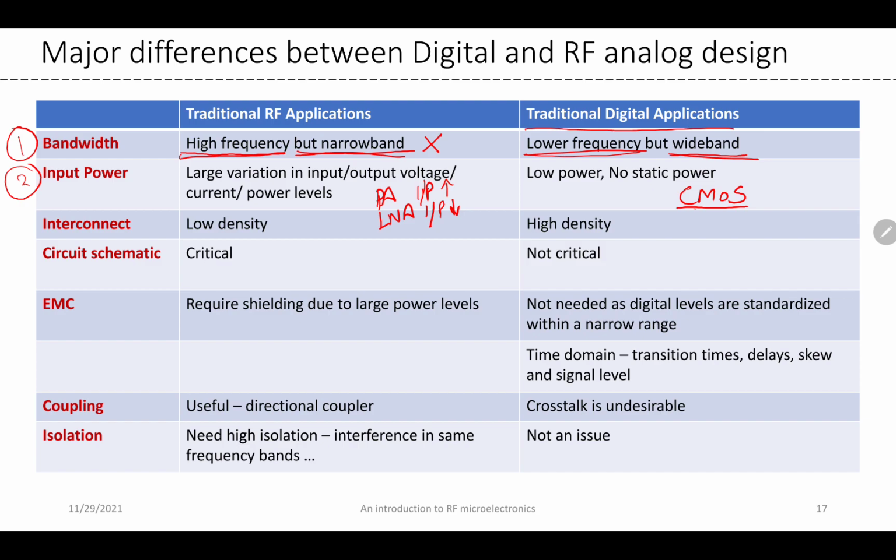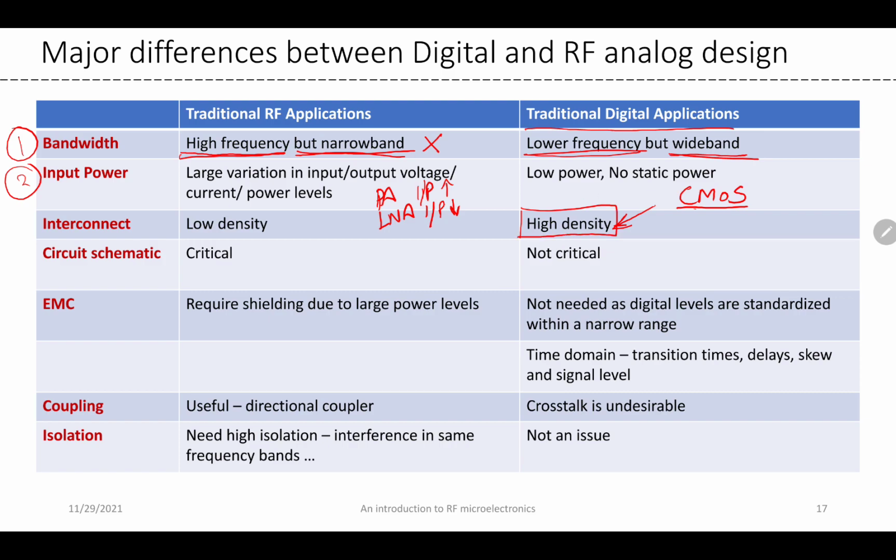Now, the level of interconnects. In digital applications, you see a very high density of interconnects, because you are designing using millions of devices. Digital designs are very automated, and they involve many more transistors at different levels, and you'll see 6 or 7 layers of metal, which makes it very complicated.